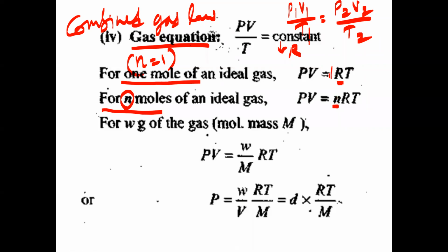If we take 10 moles of gas, the equation is PV is equal to 10 into RT. In this way we have to understand the ideal gas equation.